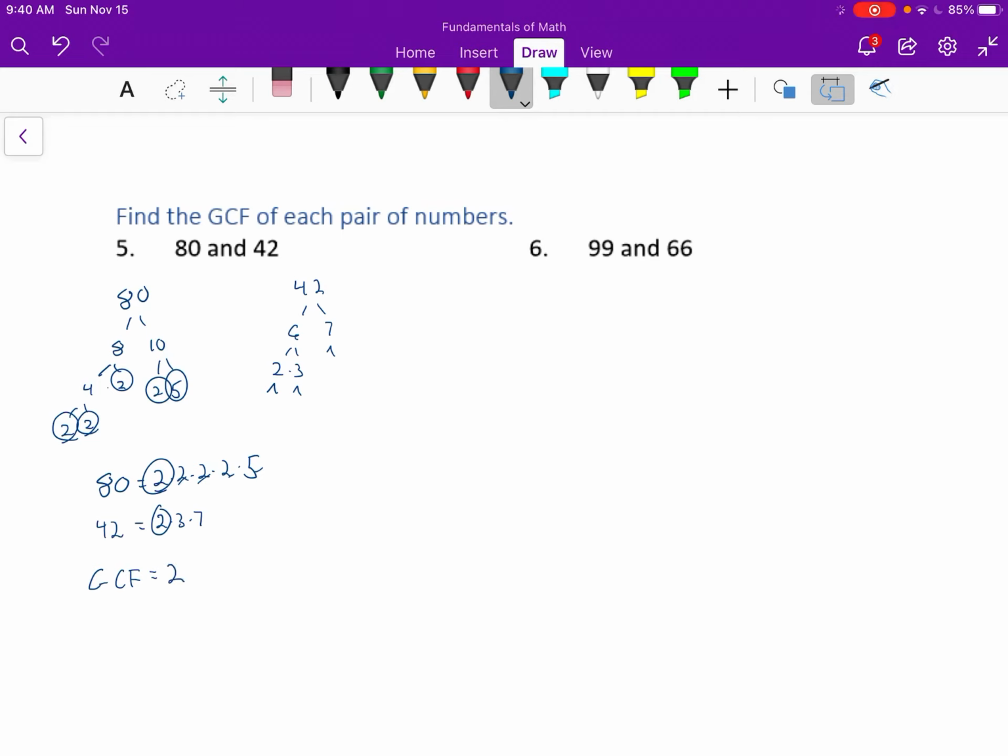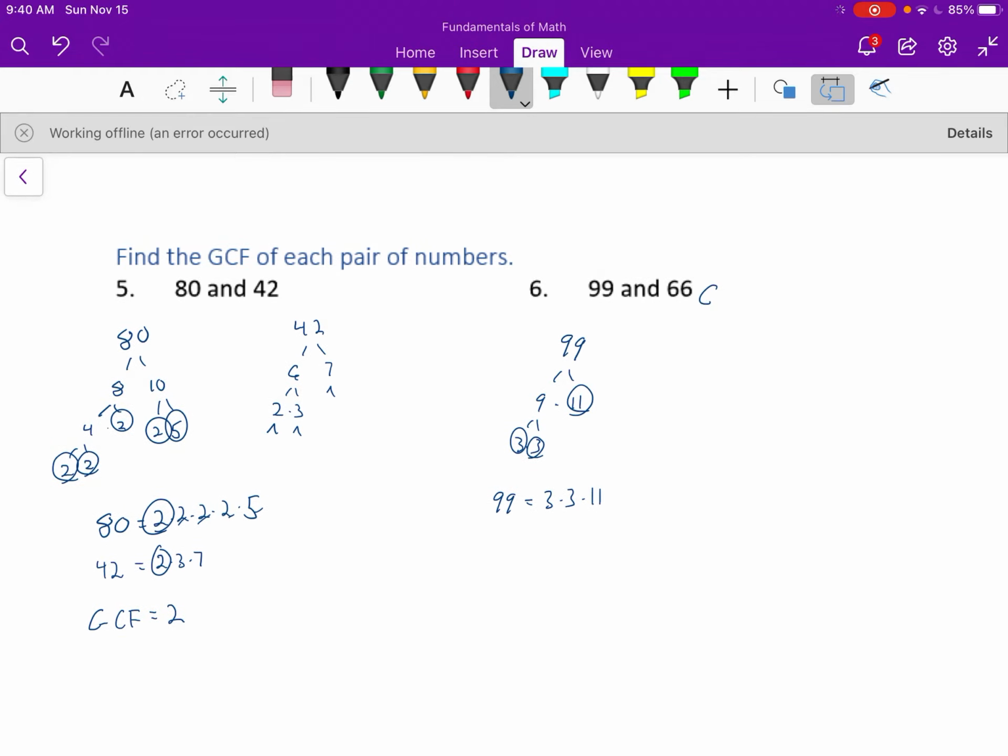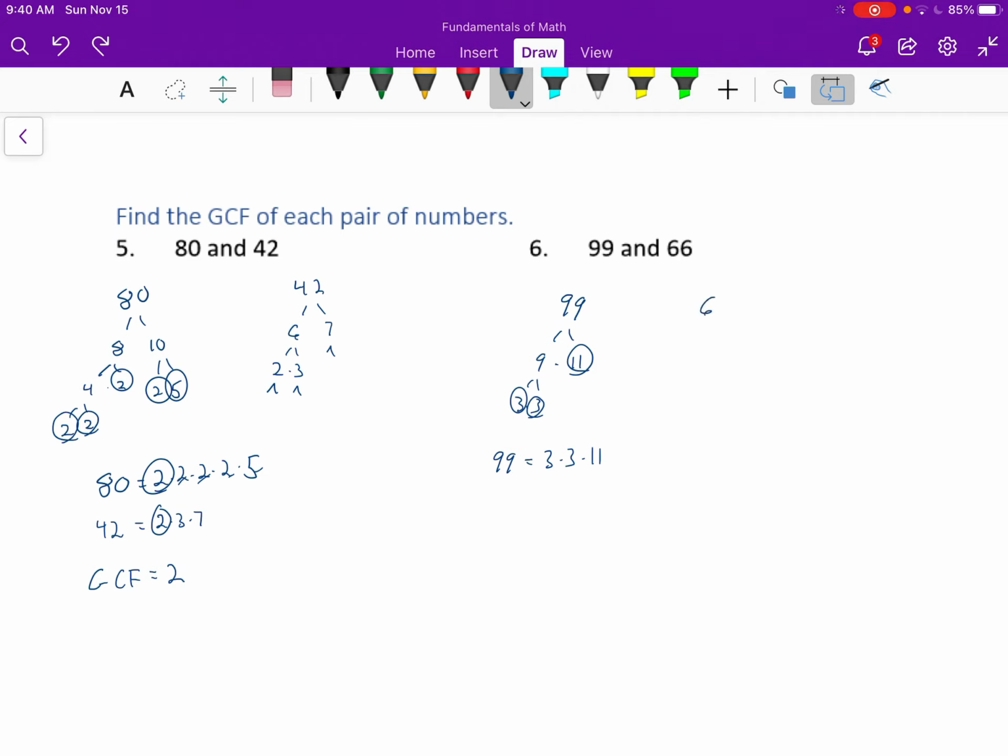Now let's look at this last one for the greatest common factor is 99. That is 9 times 11, and 9 is 3 times 3. So the prime factors of 99 are 3, 3, and 11. And then 66. That's 6 times 11.